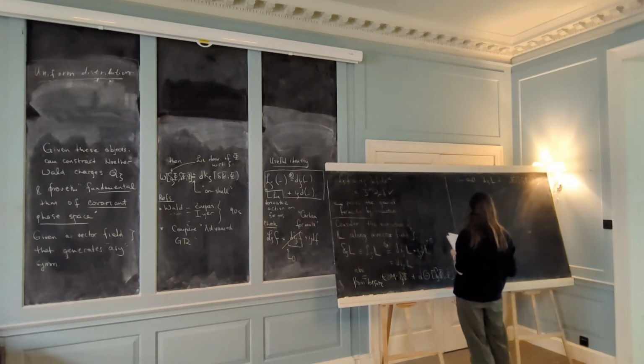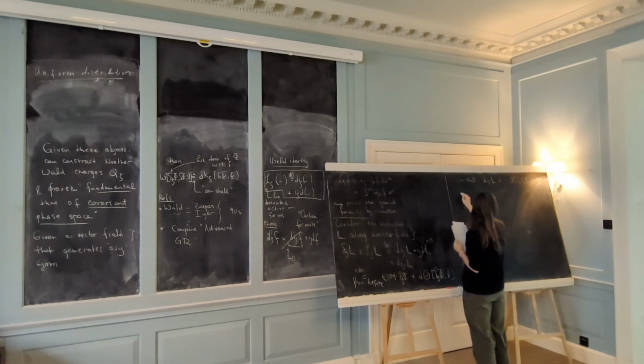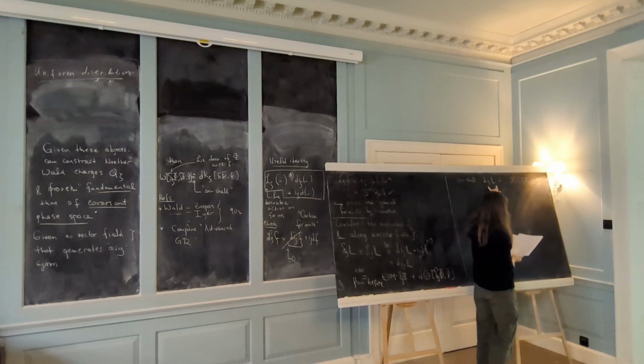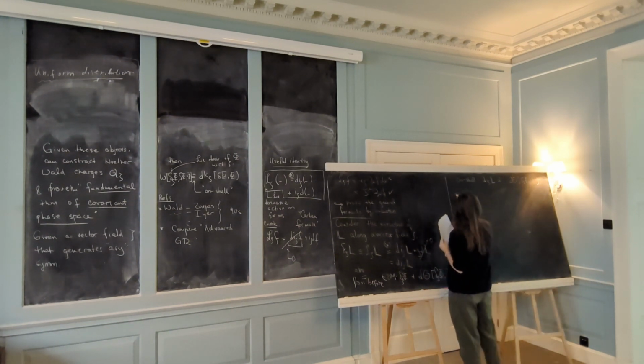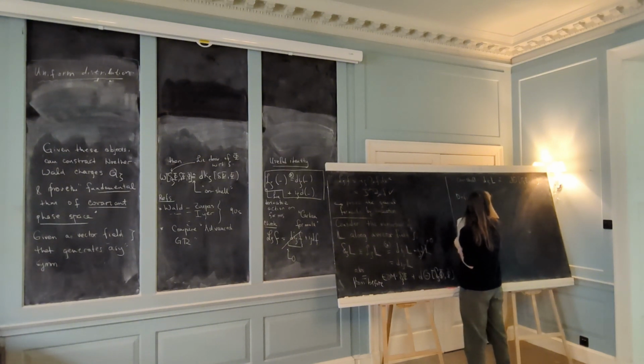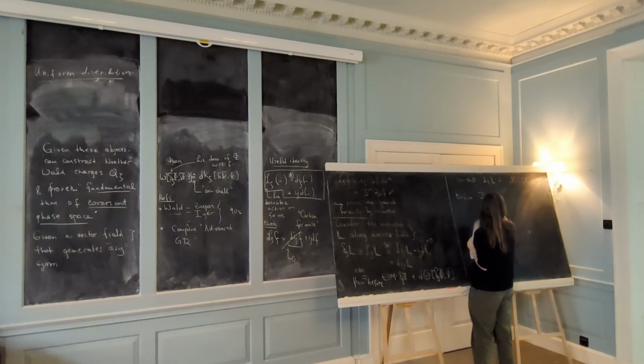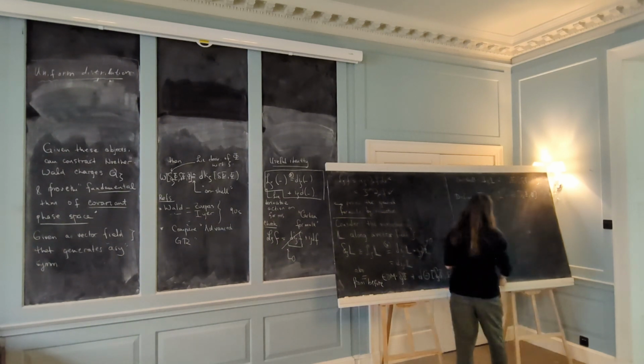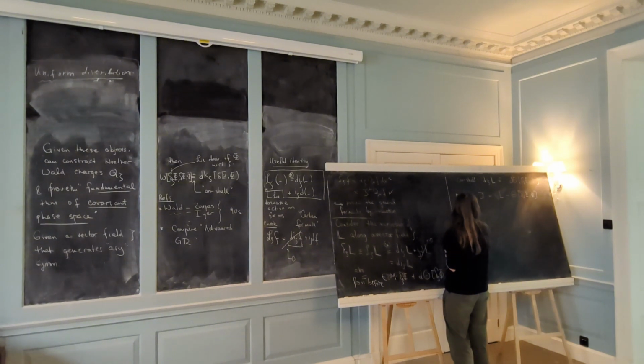Another way to say it is that we can define some form J as the interior product with respect to zeta of L minus theta at delta zeta phi, with the property that dJ is equal to 0 on shell.